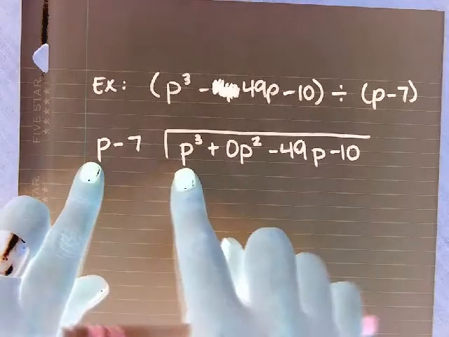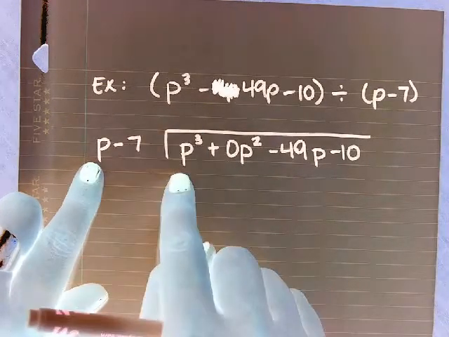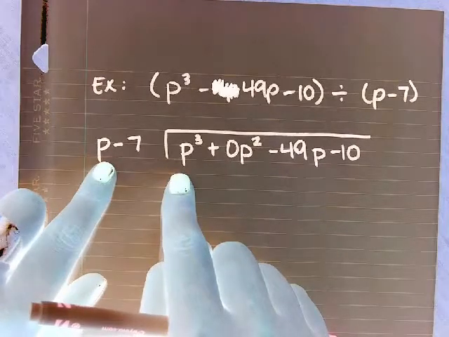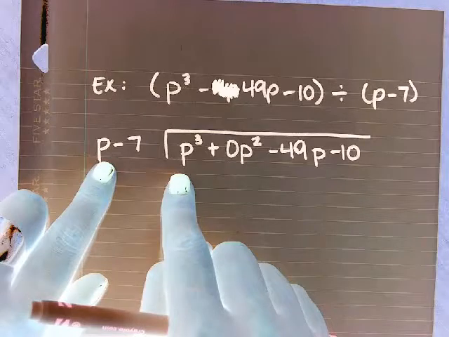All right, go ahead and do the first step from start to finish. So figure out the number on top, multiply it by the front, line it up, subtract, do the whole first step.